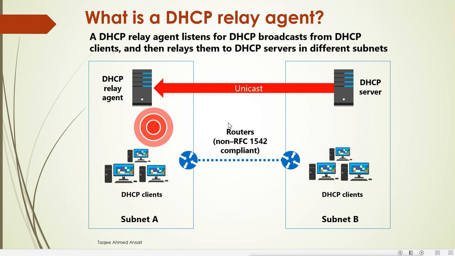The discover packet goes as a broadcast, then through the relay agent as a unicast to the DHCP server, and then the DHCP server responds as a unicast to the relay agent, and the relay agent sends the broadcast to the clients for the offer. Then the same for the request and the acknowledgement.